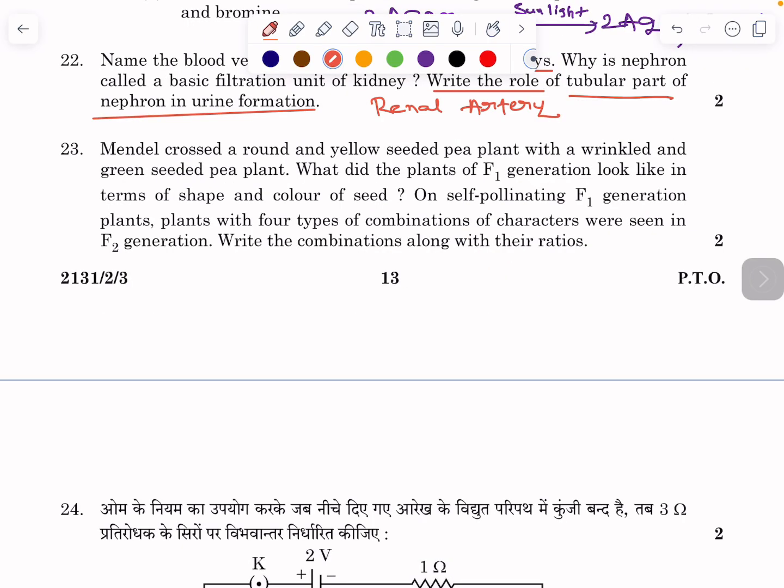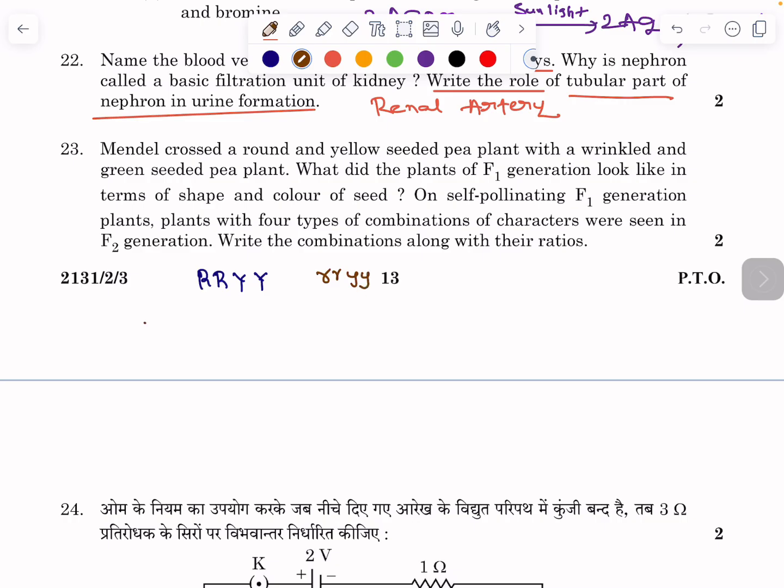Okay, Mendel crossed a round yellow seeded pea plant with a wrinkled green seeded plant, so you write here round and yellow, RRYY, crossed with green wrinkled seed plants, rryy.